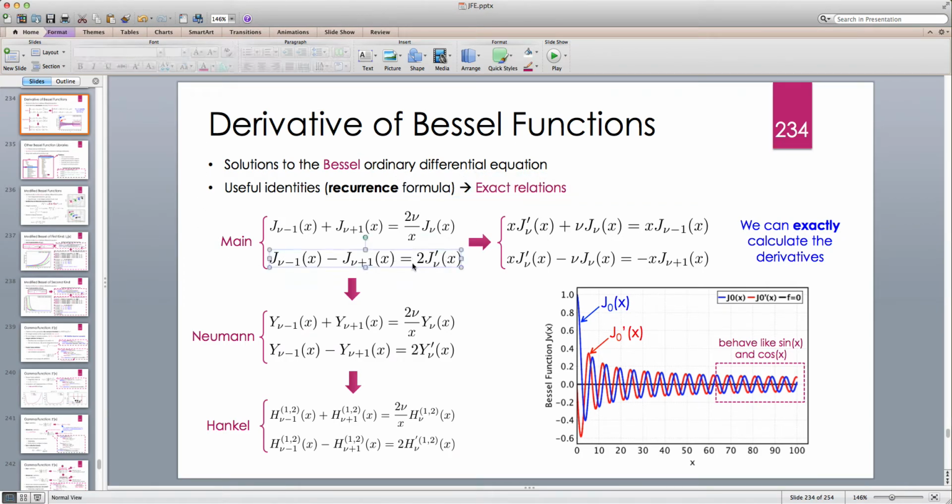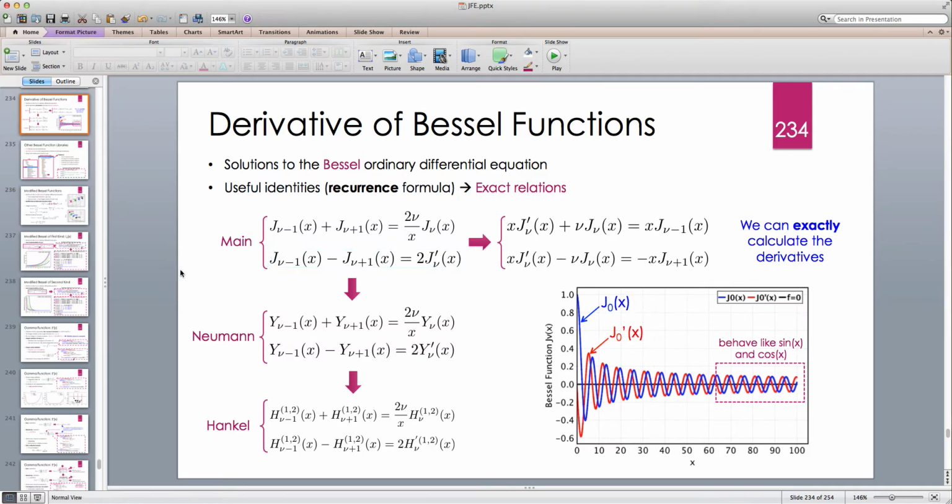And again, this is an exact relation. What I mean is that, typically if I want to calculate j prime nu at some x, I have to calculate j nu at x plus h minus j nu at x divided by h when h goes to 0, right? I have to have two evaluations of j nu at two very close points and then let the h go to 0, right?